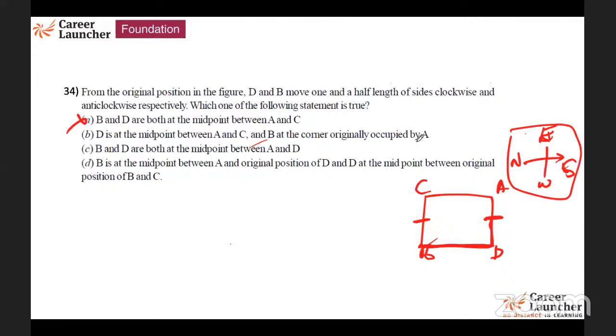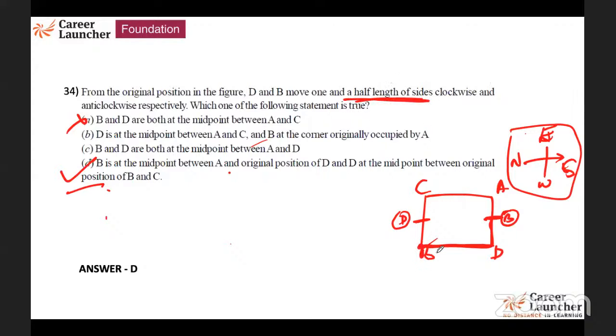Very correct, Shravani and Abhinanda and Satyavrat. Answer is choice D. B is at the midpoint between A and the original position of D because B is here now. And D is at the midpoint of the original point of B and C. Therefore, the answer is D for this. This is direction sense questions, which you have to be very careful with. See, 1.5 length sides.